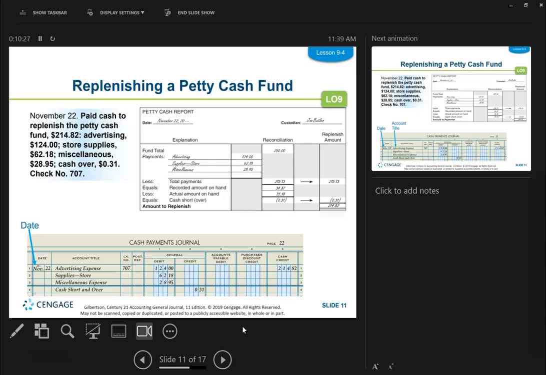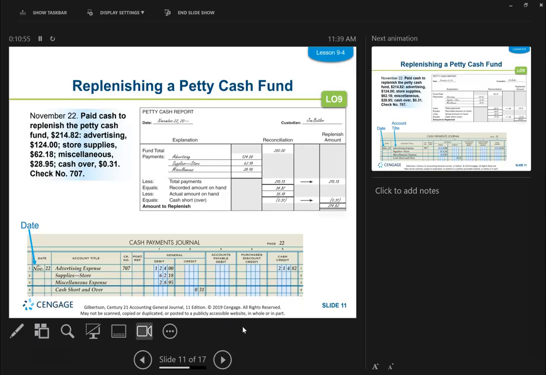And that's the indication that the whole thing is one transaction. So hopefully you'll notice that if I add up the 124, the 62, the 28.95, and then subtract the 31 cents, I get the 214.82. That's the petty cash replenishment that's replenishing these transactions.